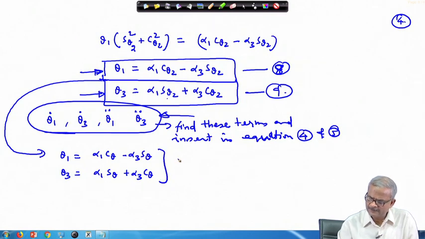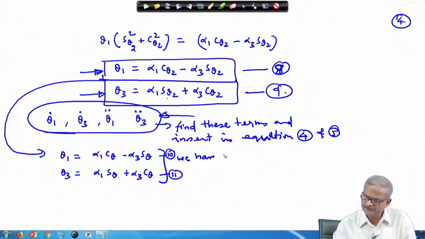So, I will write this as 9, this is 10 and this is equation number 11. We have dropped the suffix 2 for convenience.